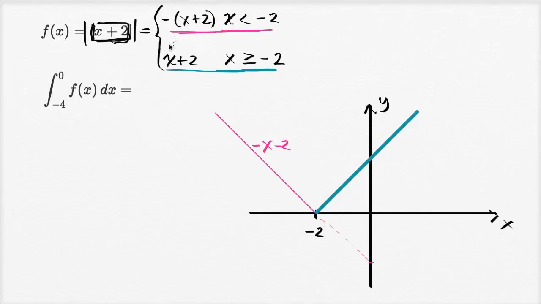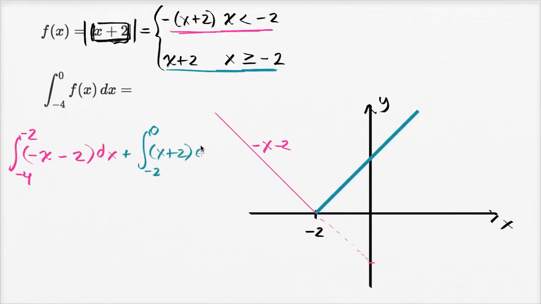Now, once we break it up, then we can break up the integral. We could say that what we wrote here is equal to the integral from -4 to -2 of f of x, which in that case is -x minus 2, I just distributed the negative sign there, dx, plus the definite integral going from -2 to 0 of x plus 2 dx.